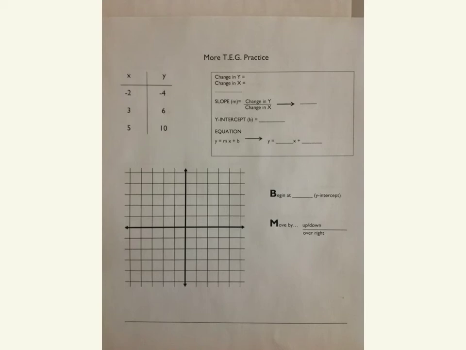So we're going to get started by looking at our table, and we're going to find the change in y and the change in x. My change in y is, I'm just going to use one of them as my example. From -4 to 6, I have increased by positive 10. So my change in y is 10.